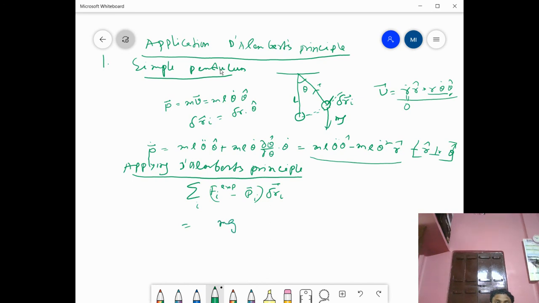This was the principle. Now, since one particle is involved here, if F external is the force mg and its direction, I am writing this as minus mg j cap, negative sign because I'm taking the y direction to be upwards.